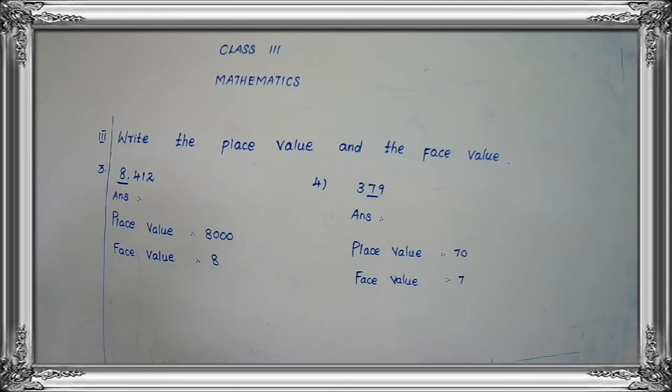That means scale, eraser and sharpener. Is your pencil sharp, children? If your pencil is not sharp, first of all sharpen your pencil, then you start to write. Write the place value and the face value.